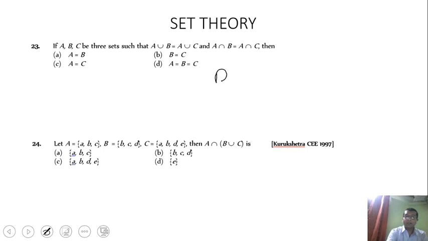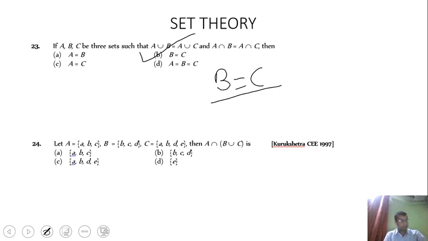If we eliminate it, we get B equal to C. On the other hand, A intersection B equal to A intersection C. A is common. If we eliminate it, once again we are going to get B equal to C. That is, option B is the right answer.